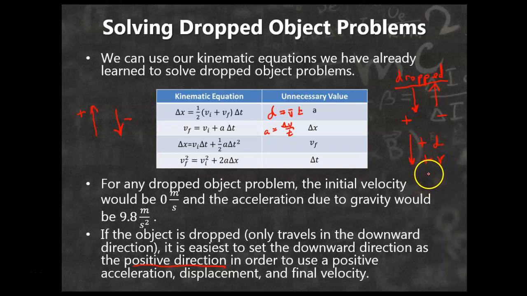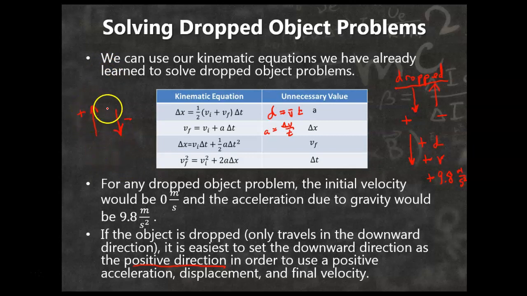And our acceleration is simply positive at 9.8 meters per second of speed change each second. So all of our variables are positive. That's why it's easier when we're working on problems involving dropped objects to consider down as positive. Okay? When we're talking about objects that are thrown up in the air and then come back down, it's usually easier to consider up as positive.